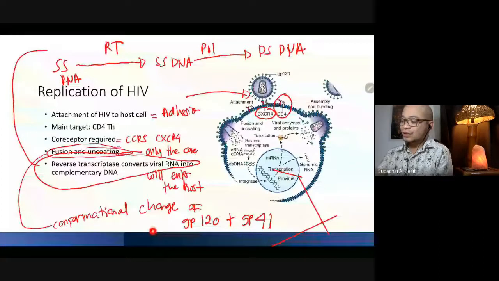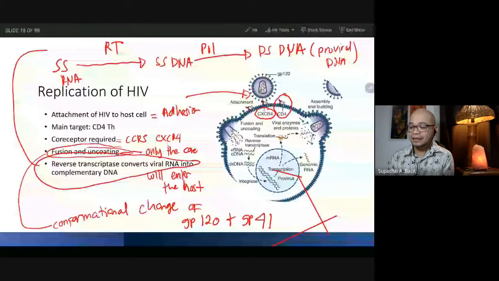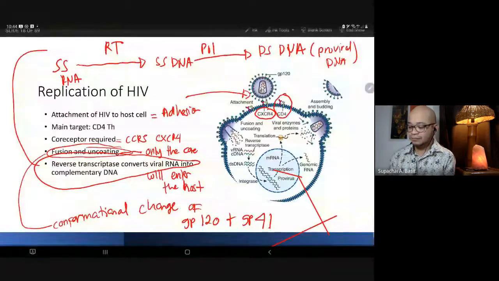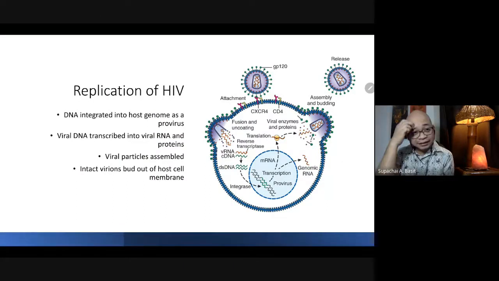This double-stranded DNA is what you call the proviral DNA. Next is the replication.